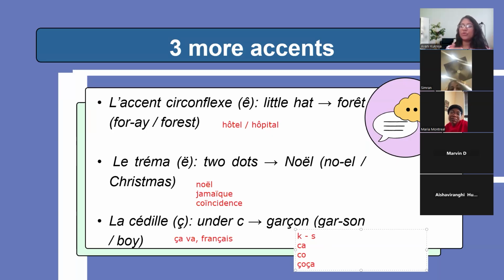So this is used to basically pronounce the C as an s sound instead of a hard k sound. That is why we use this accent. It converts ka to sa. It changes the hard k sound to a softer s sound in French.